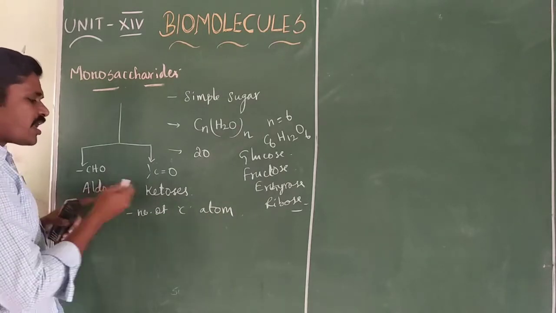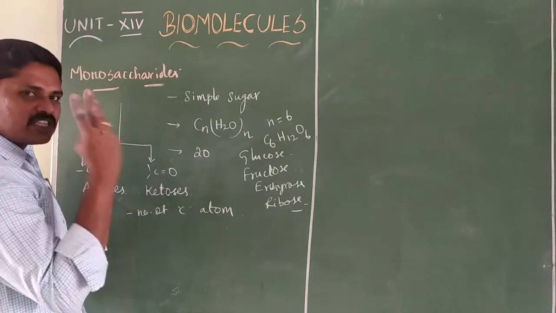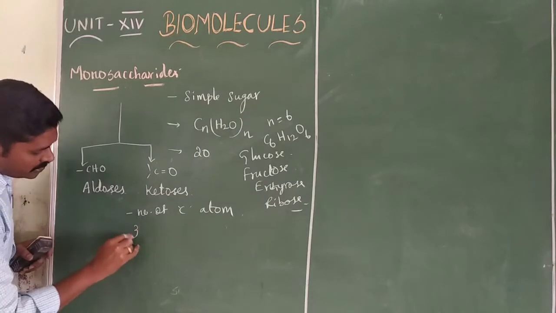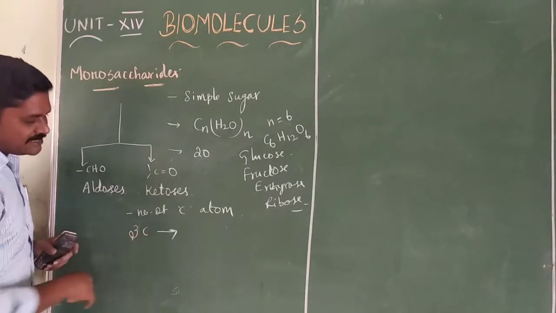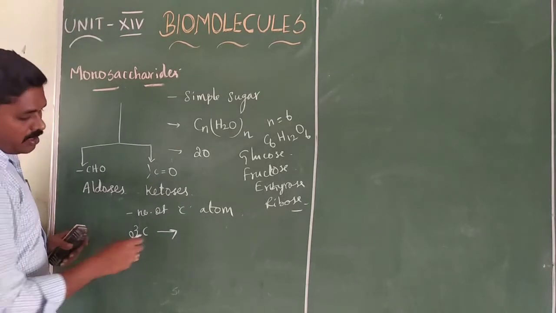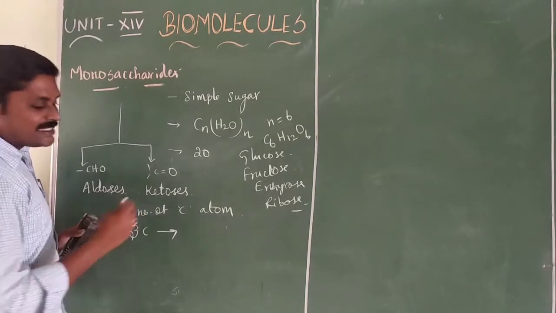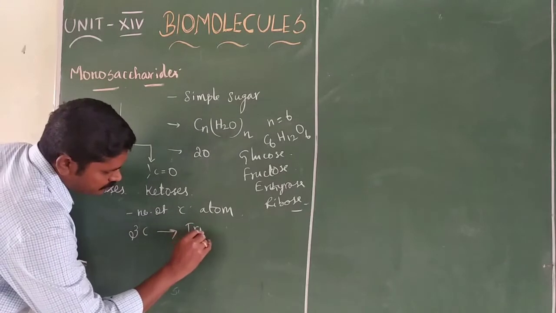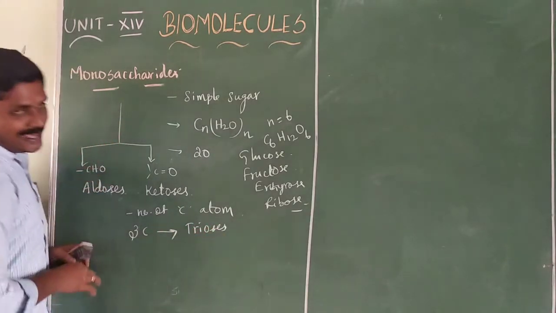If aldoses or ketoses contain 3 carbon atoms, the monosaccharides are called trioses.